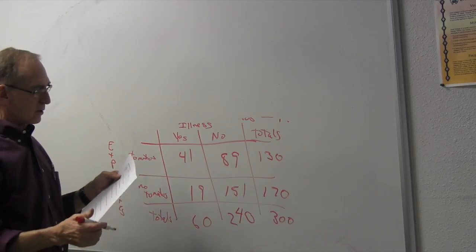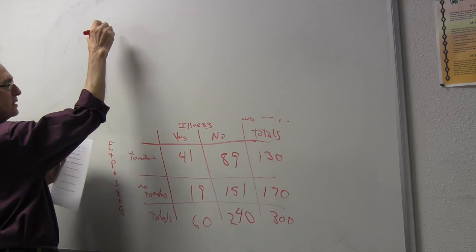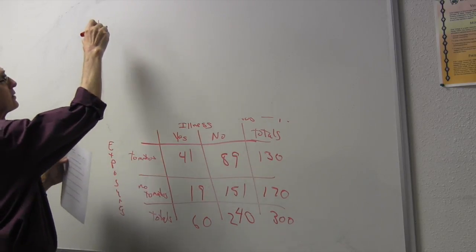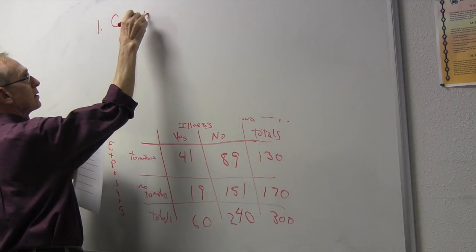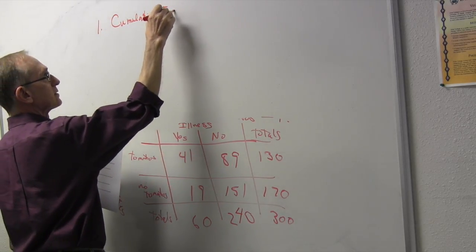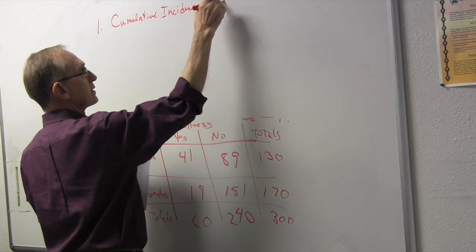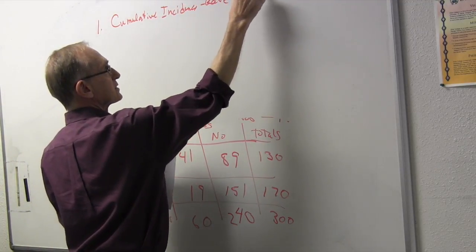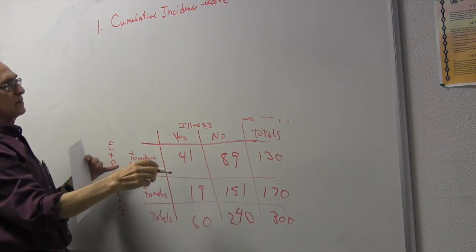And what is it that we're typically asked? First question, what is the cumulative incidence rate among the exposed? The exposed are those who ate the tomatoes.